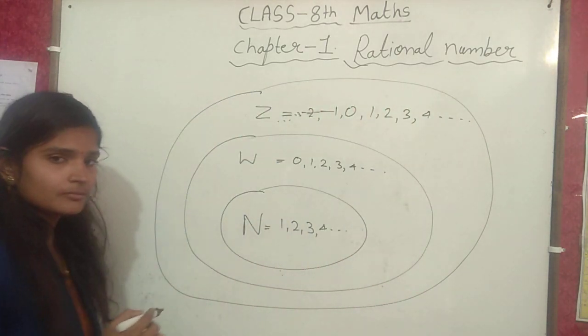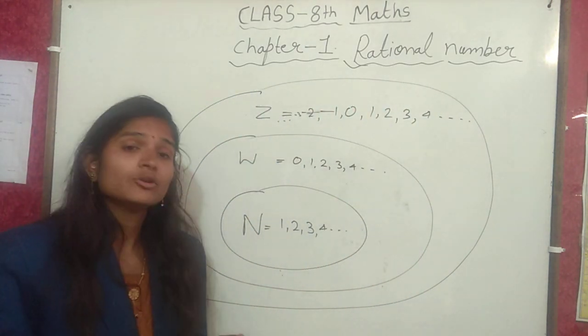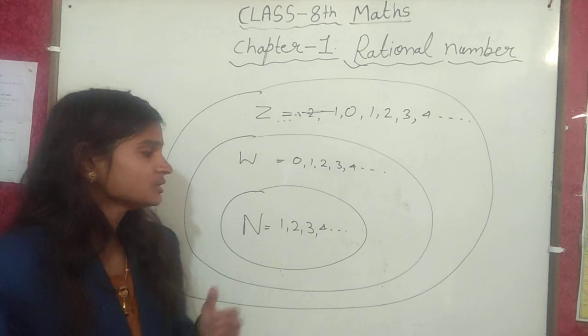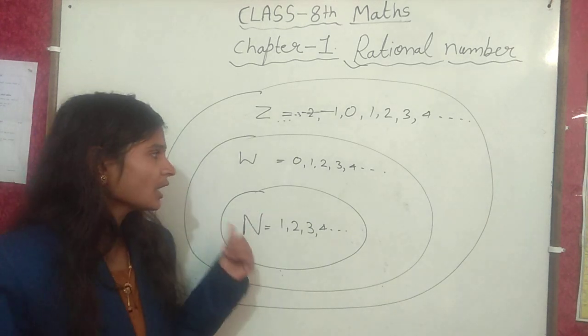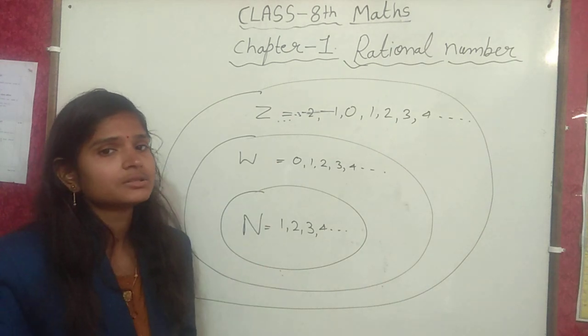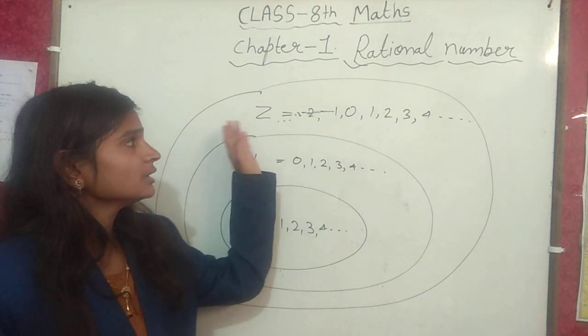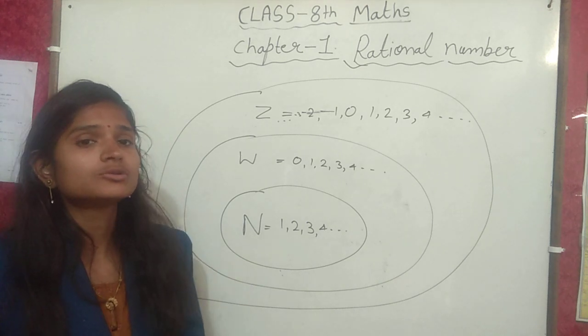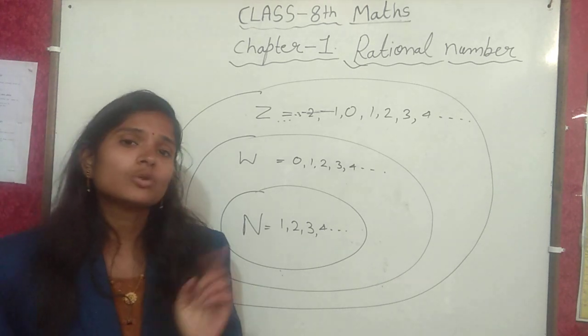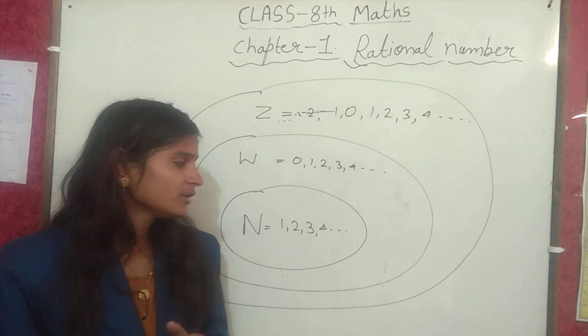So many times you have to solve questions like: can we say the natural numbers are integers? Can we say the whole numbers are integers? Can we say the integers are natural numbers? Many times you have to solve this type of question as true or false. So how can you solve it?